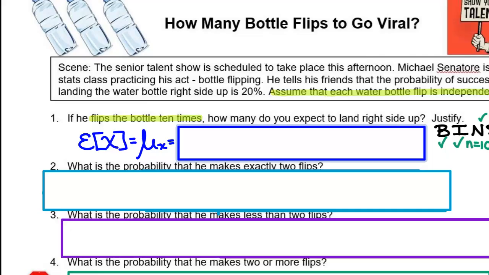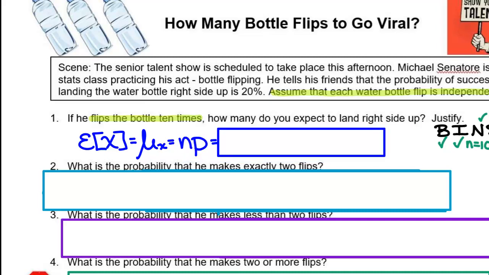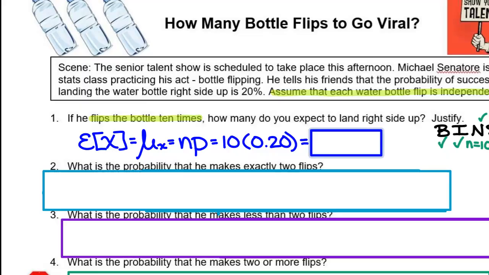N times P, yes. So what do we get if we do N times P? We get 2. 10 times 0.20, so 2 flips. If he's going to flip it 10 times, we expect 2 of them to land right side up.